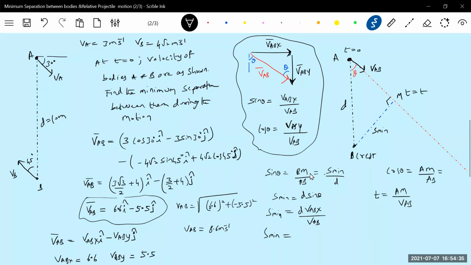AM is what we need. AB is D. So AM equals D cos theta. What is cos theta from the velocity triangle? Almost the method will be the same.